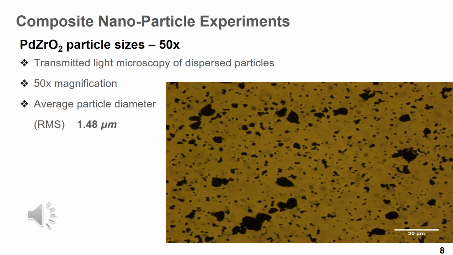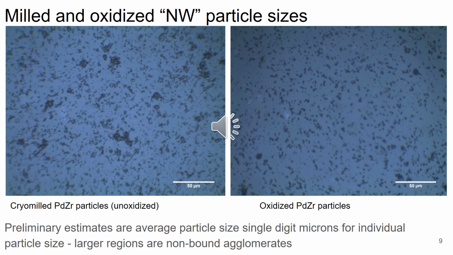As shown here, the palladium zirconia oxide particles have an average particle diameter of something like 1.5 micrometers. For comparison, here are photographs of the cryo-milled palladium zirconia particles unoxidized, and on the right are the oxidized ones.